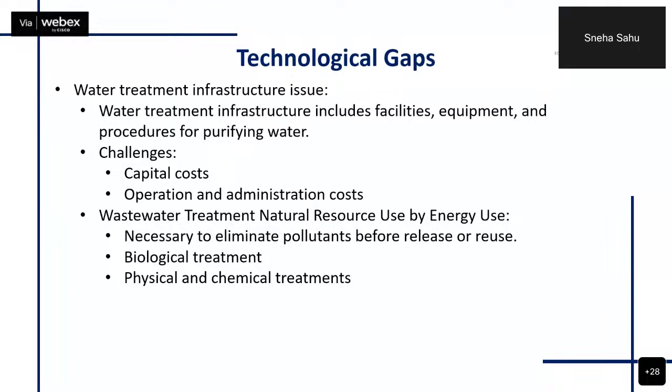Water treatment, wastewater treatment is necessary to eliminate pollutants before release or use. Biological treatment using natural microorganisms is energy efficient compared to physical and chemical treatment. Physical and chemical treatment require mechanical equipment and energy-intensive processes.